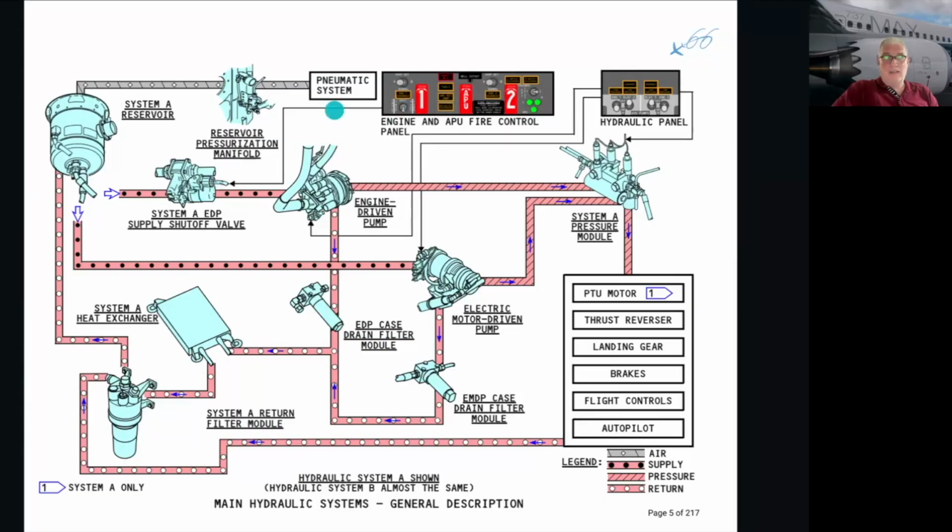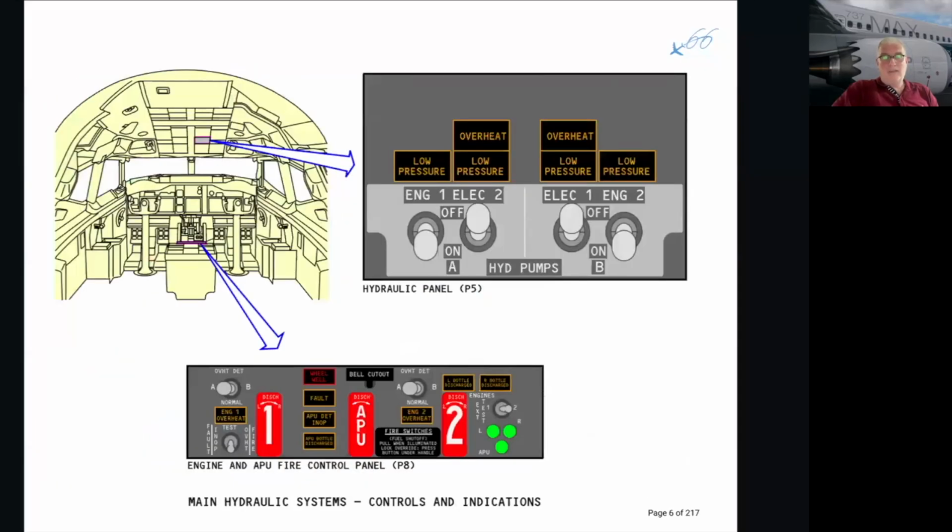Electrically, the system A engine-driven pump supply shuttle valve will cut the supply and will not allow hydraulics to go further than here. The electric one will operate, but the engine one will be shut off. As we said, these are the controls, so for system A, we have this side.